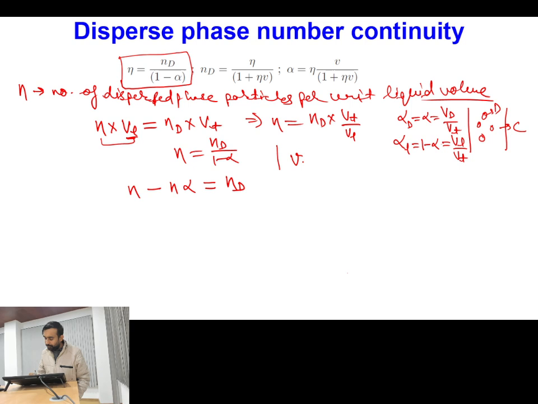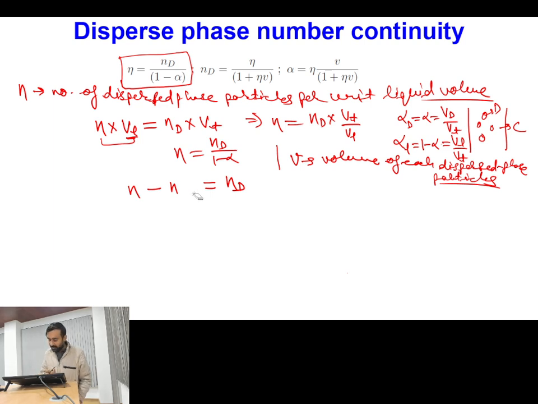And if you say that V is the volume of each dispersed phase particle, so if you consider that all the dispersed phase particles are of the same volume V, in that case you can do some mathematical manipulations to replace this alpha. How can you replace this alpha then?